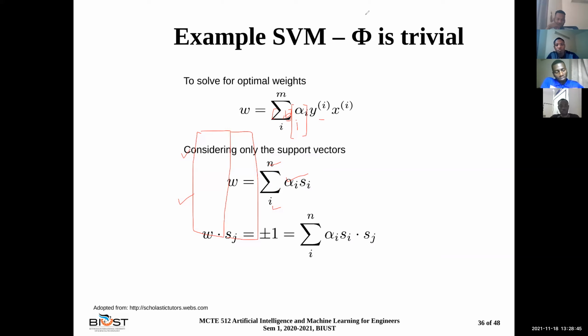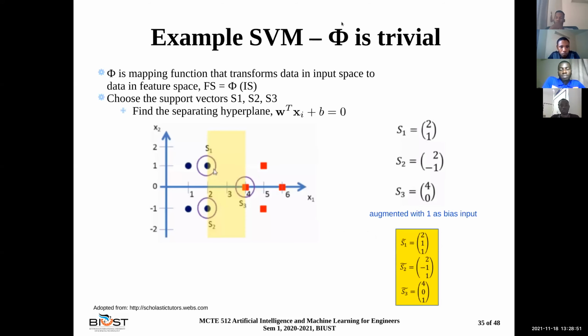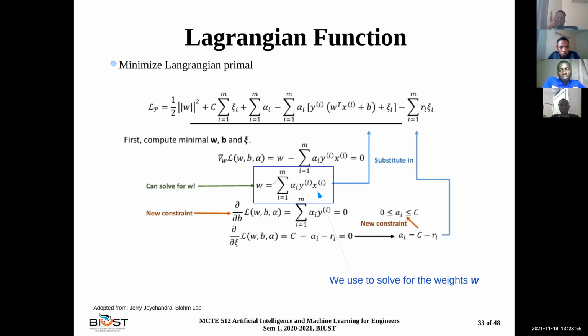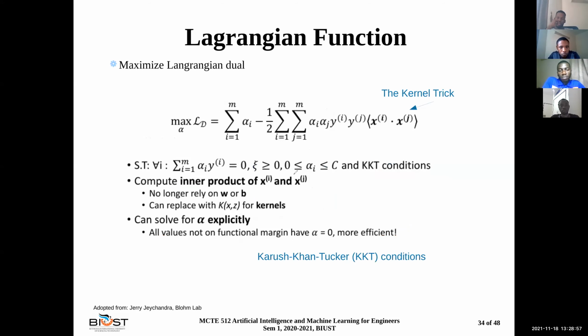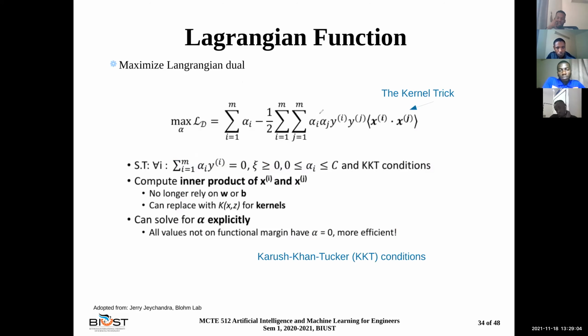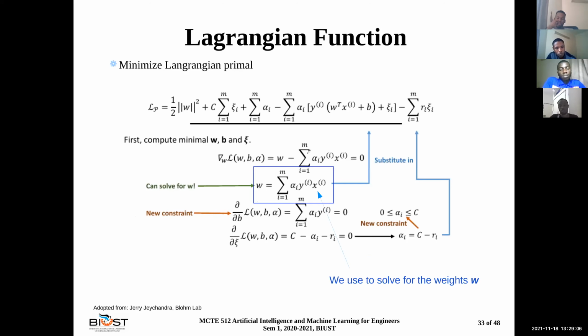We use these equations, which were already derived from the optimization equations that we discussed in class previously. This equation results in alpha times the output times the X, and so on.